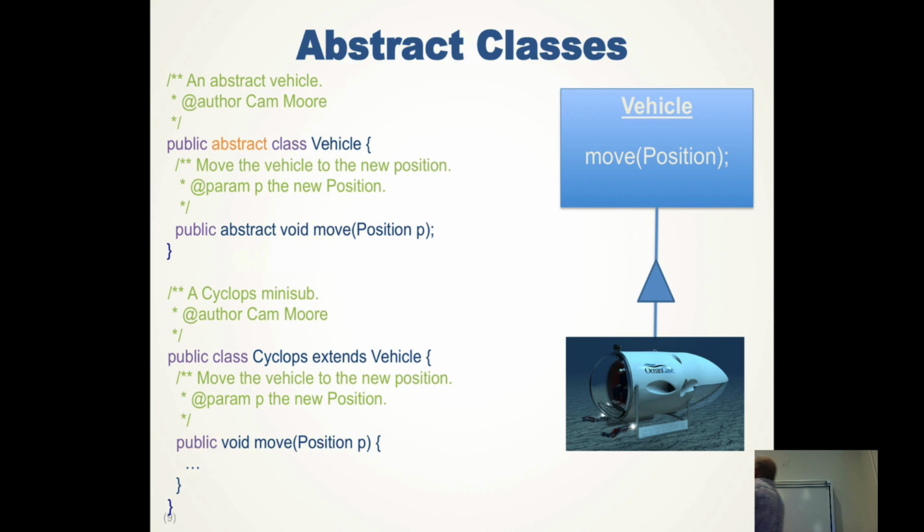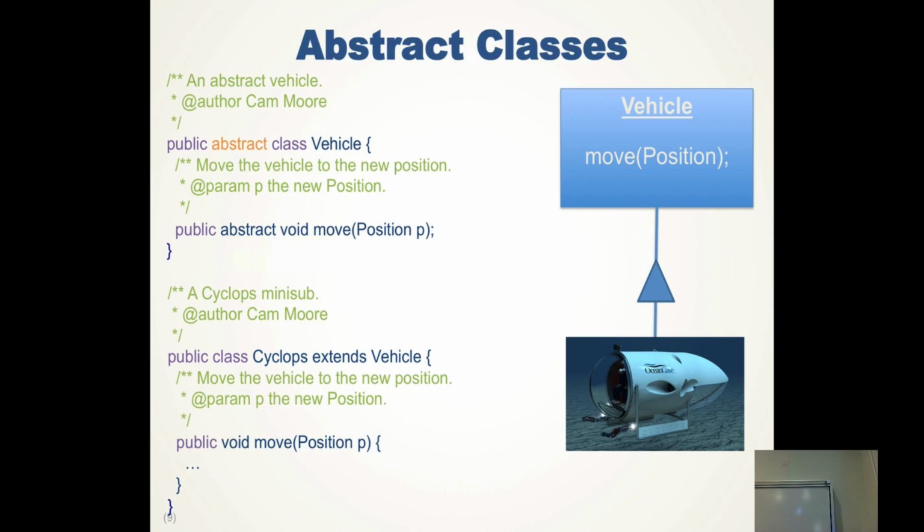Here's an example of an abstract class. Vehicle. You can't instantiate a vehicle. You have to instantiate a concrete subclass of vehicle. And the idea in this example is if I have a vehicle and I have a method called move, I don't know how to move the abstract vehicle because what if it's a submarine?